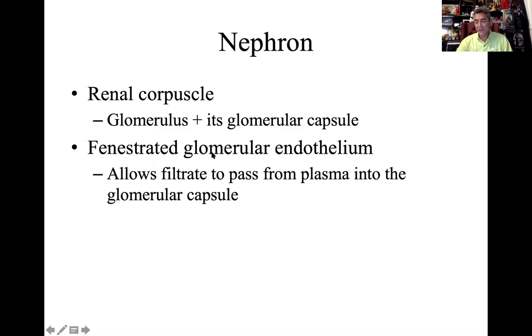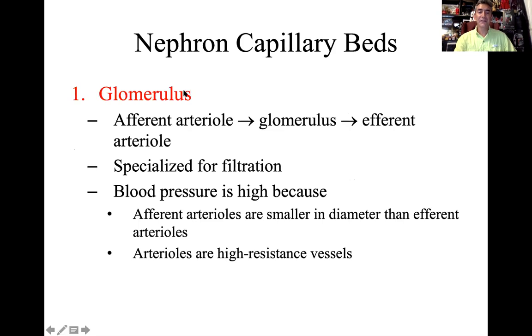The glomerulus is kind of interesting, right? It's a neat anatomical design. So the glomerulus is the only capillary bed that's fed by an arteriole and is drained by an arteriole.